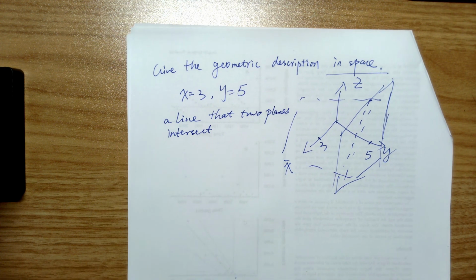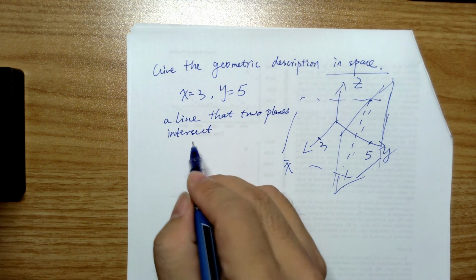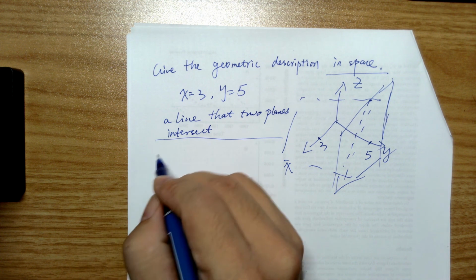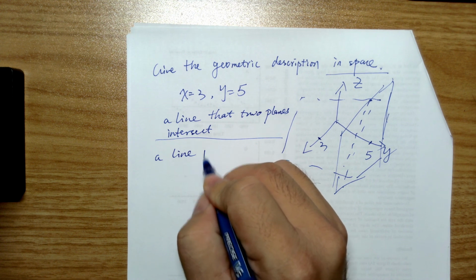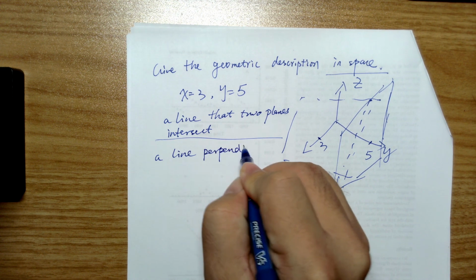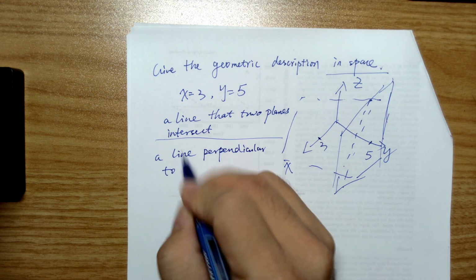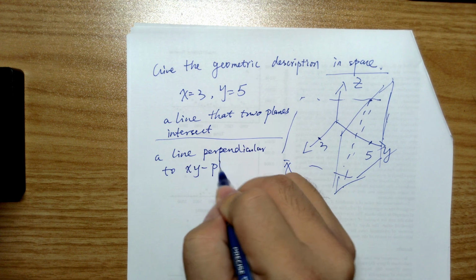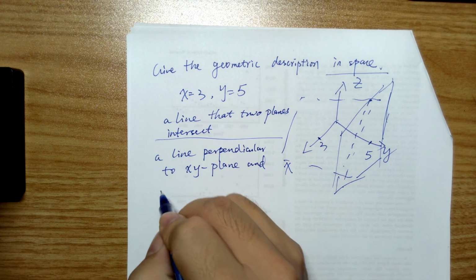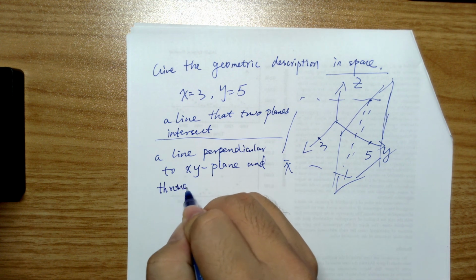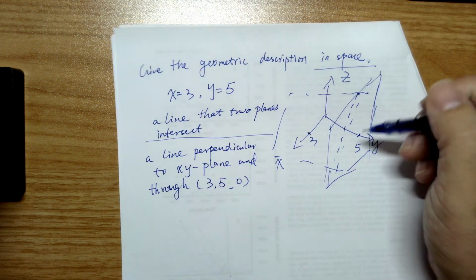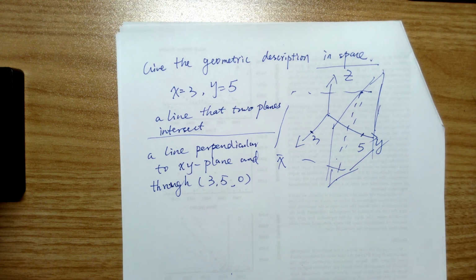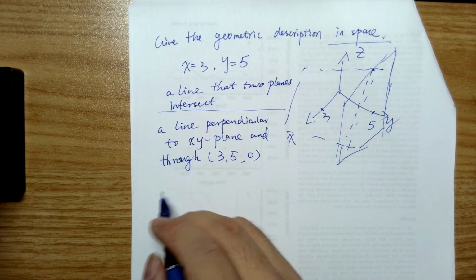Or you can see that it is a line that is perpendicular to the xy plane and through 3, 5, 0. It's more specific. So as you can see, that's the first one.